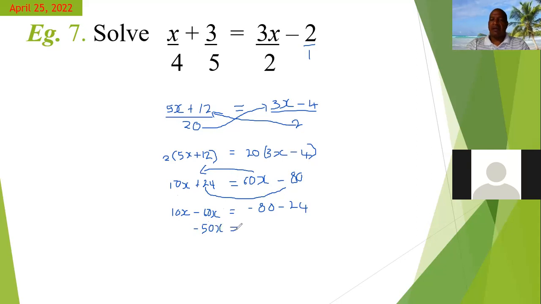Now on the right-hand side, both of these are subtracting, so you add them and keep the sign of subtracting. So you would have 104, and that becomes negative 104. And so next what we would do is divide both sides by negative 50.